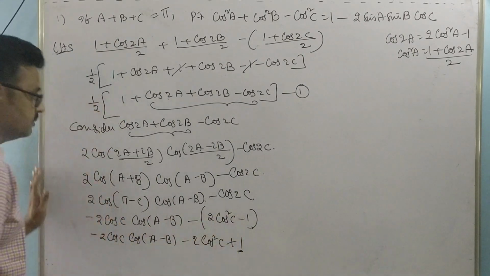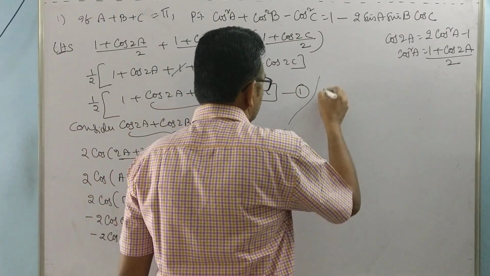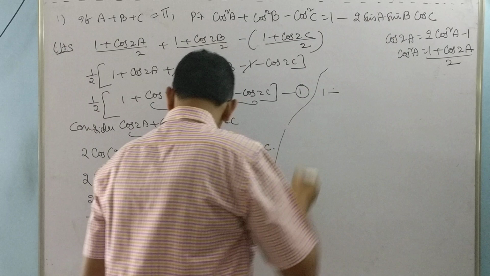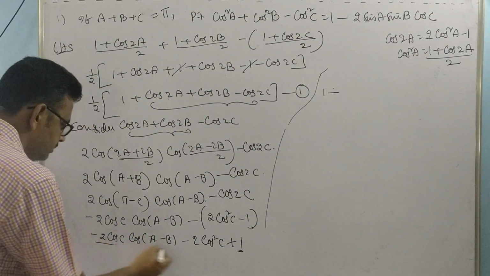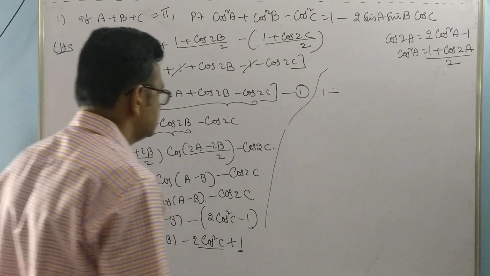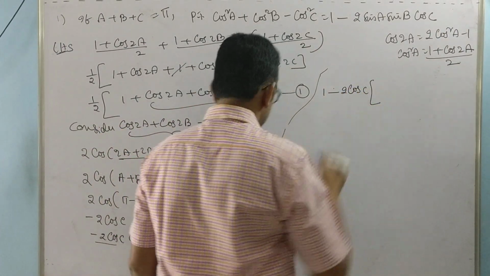So I can write first 1, that is equal to 1. And from these two terms, I can take minus 2 cos C common.